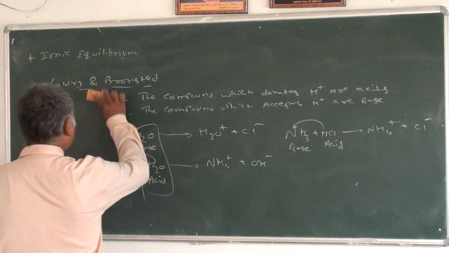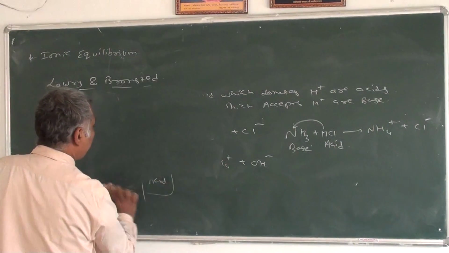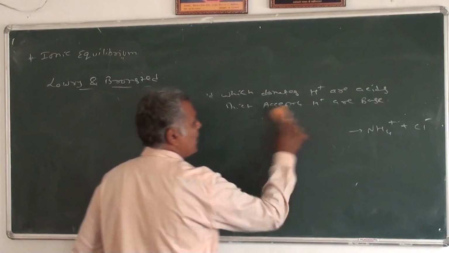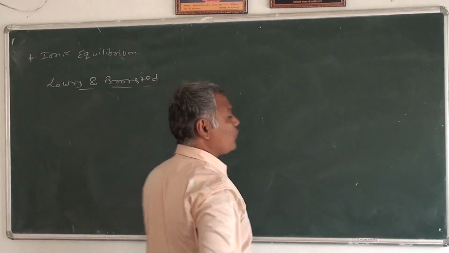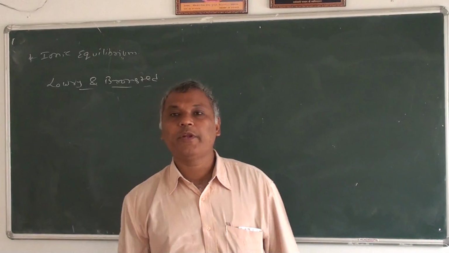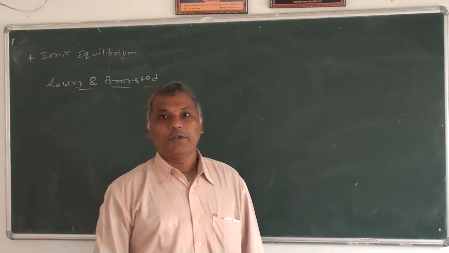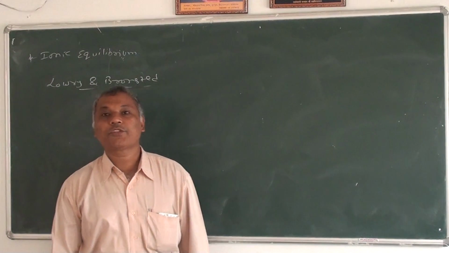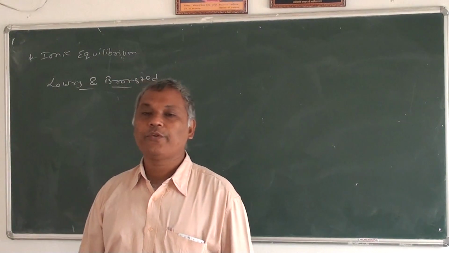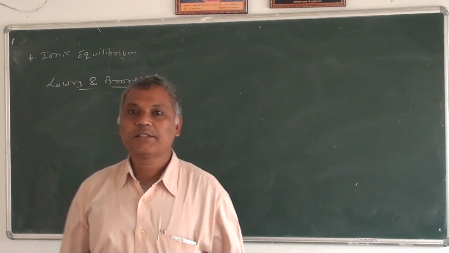Now we also want to find out that when Lowry and Bronsted gave out the reactions, they developed them as those components which establish an equilibrium in the solution. Because of that equilibrium, the acid produces a conjugate base and the base produces a conjugate acid.